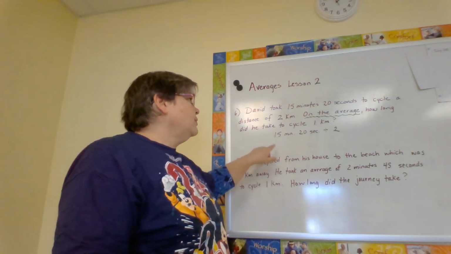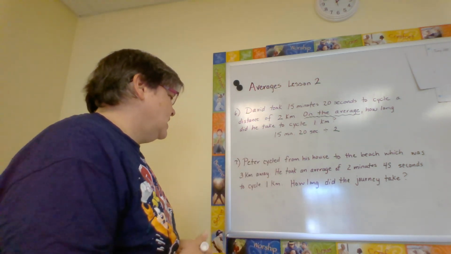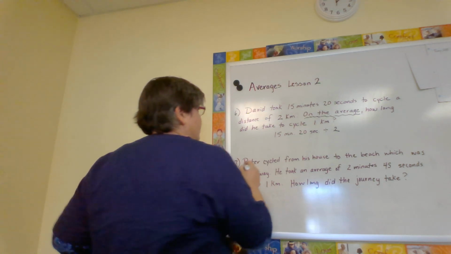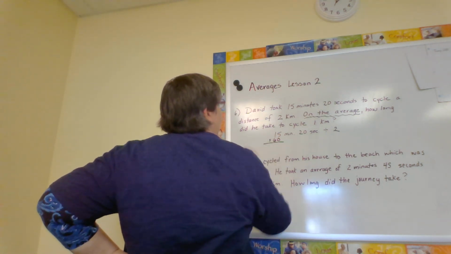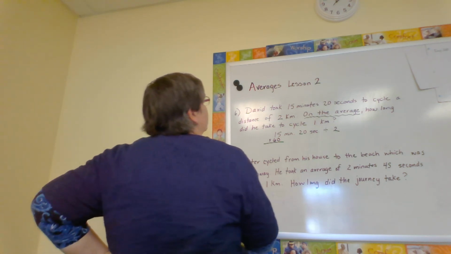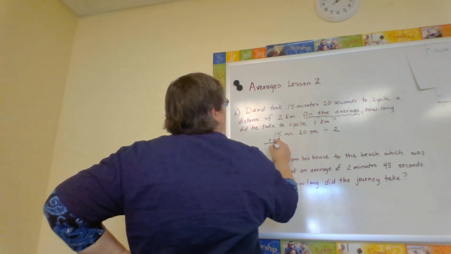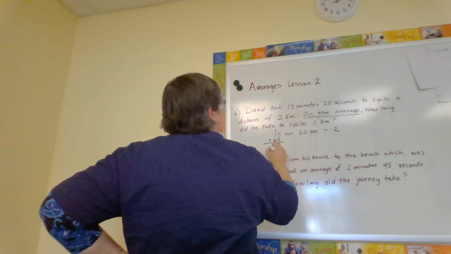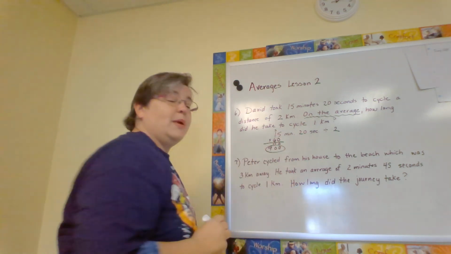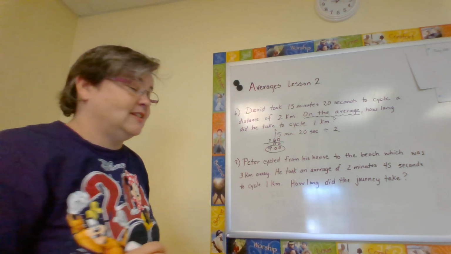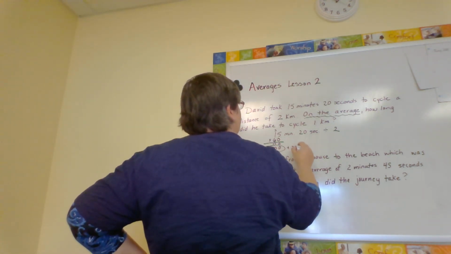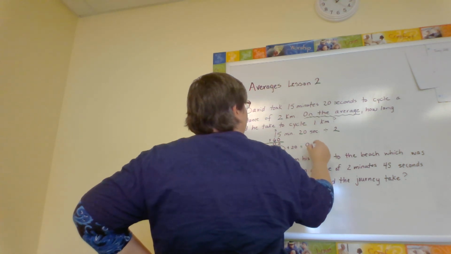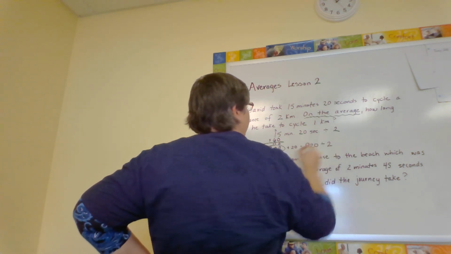So if I have 60 times 15, I can find out how many seconds that's going to be. It's going to be 900 seconds. I'm going to add these 20 seconds. So now I have 920 seconds divided by 2.